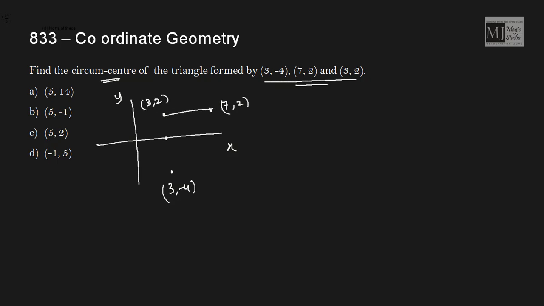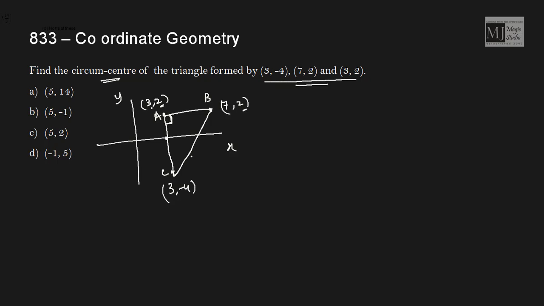So if I join these 3 points, we can easily see that triangle ABC is a right angle triangle. This is 3, 2 to 7, 2, a straight line, and this is 3, 2 and 3, minus 4, that means again a straight line, a perpendicular line.